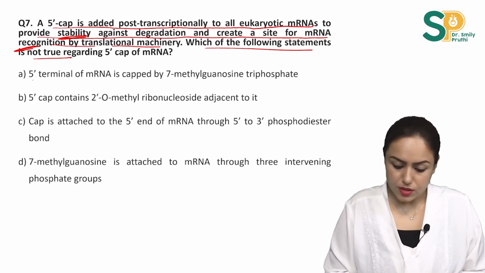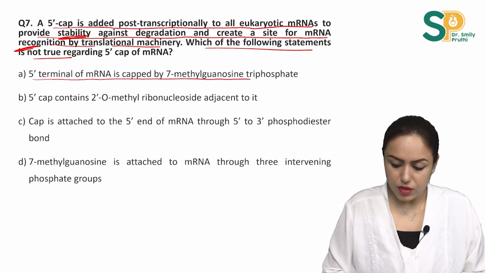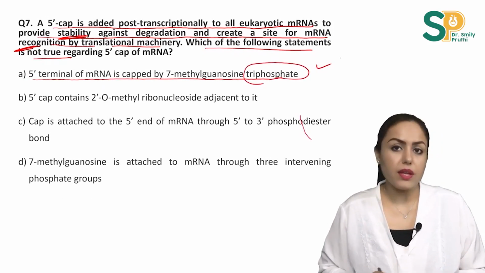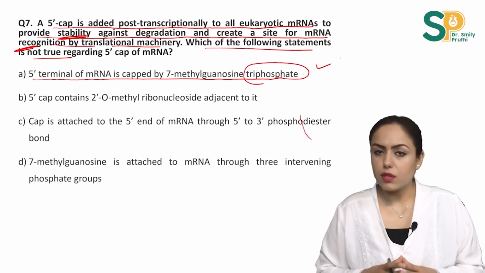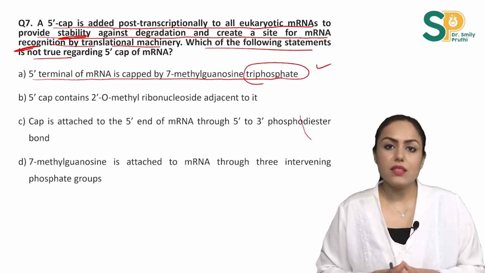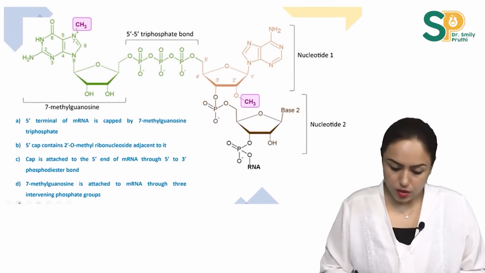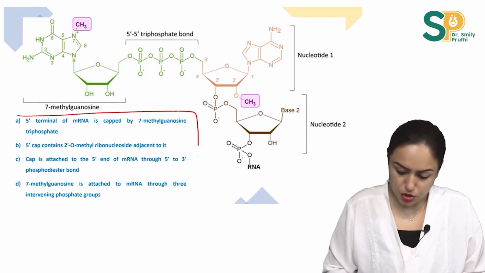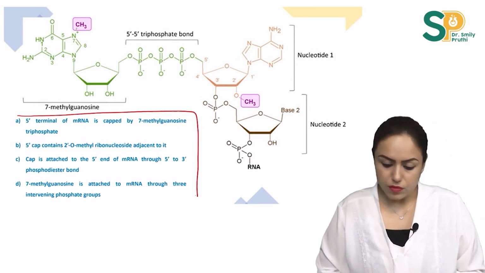Now, first is option A, the 5' terminal of mRNA is capped by 7-methyl guanosine triphosphate. Yes, this is correct. There is a triphosphate bond here. So let's see this diagram. These are the 4 options in the question, right? So see the diagram first.